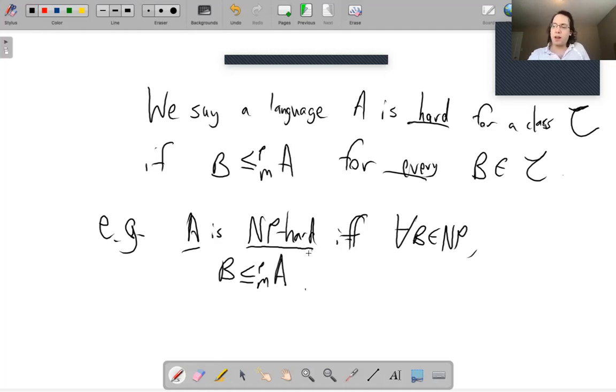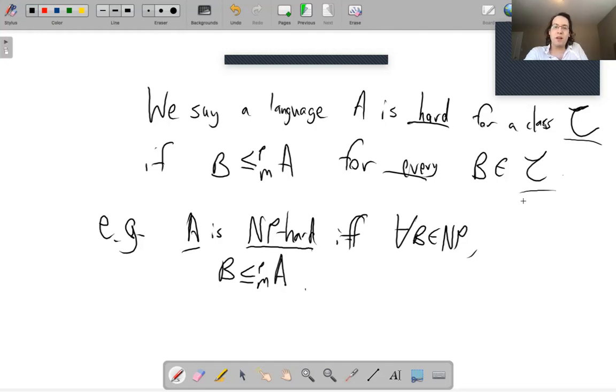Now, as we defined it, it doesn't even necessarily have to be true that there exist NP hard languages, right? So we don't even know so far that there exist NP hard languages. But still, this is a valid mathematical definition. So a language is NP hard if it satisfies this. And similarly, a language is hard for any other class C, like PSPACE, for example, if it satisfies that for all languages in the same class C, so in PSPACE.